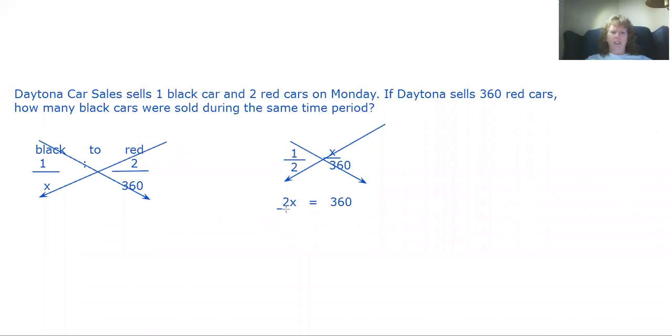To get the x and the 2 separated from each other, I'm going to do the opposite of the sign. So if I divide both sides by 2, these will cancel out so that I'll just have a single x. X will be equal to 180.